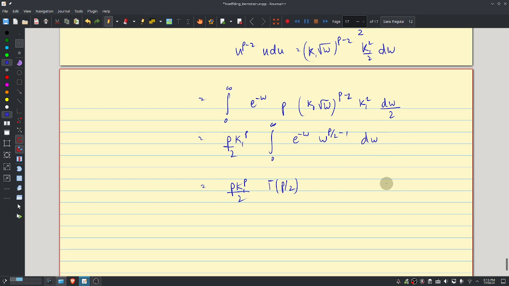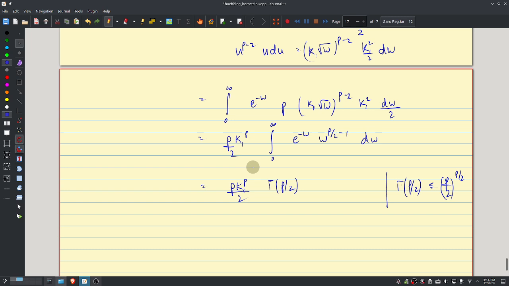So from Stirling's approximation, I can show that gamma p by 2, I mean even otherwise, is less than or equal to p by 2 whole raised to p by 2. Because what is the relationship for gamma x in terms of gamma x minus 1?